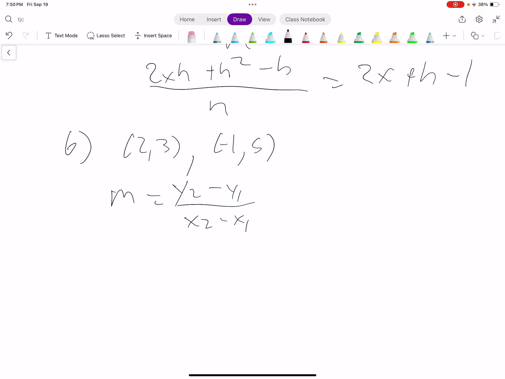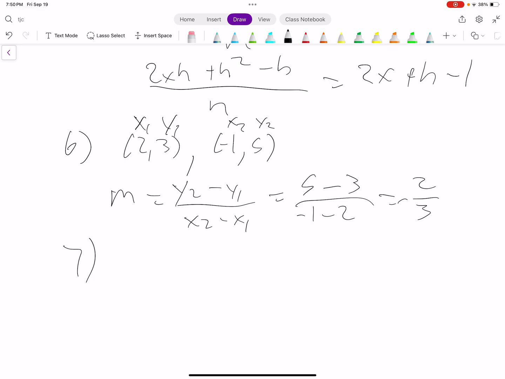Okay. Now I always label my points. This is x2, y2, x1, y1. So it's going to be 5 minus 3 over -1 minus 2, which is going to be 2 over -3. So -2/3, that's my slope.